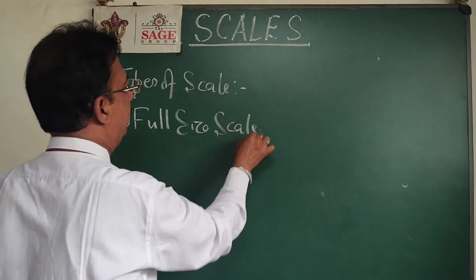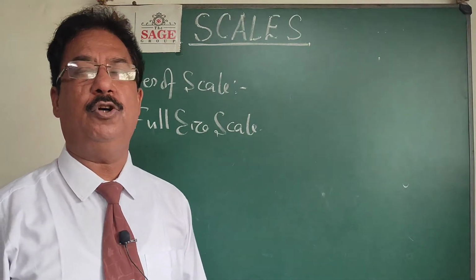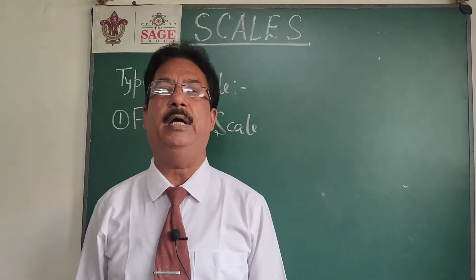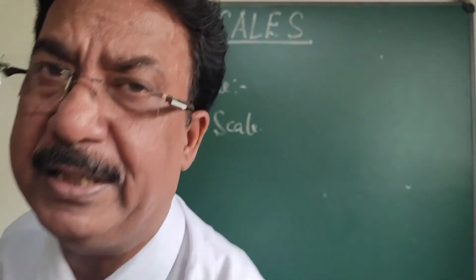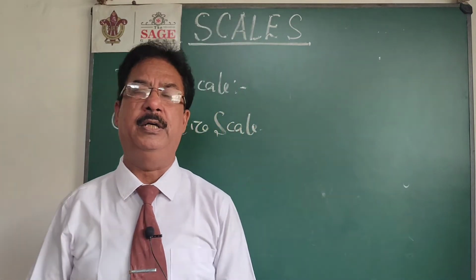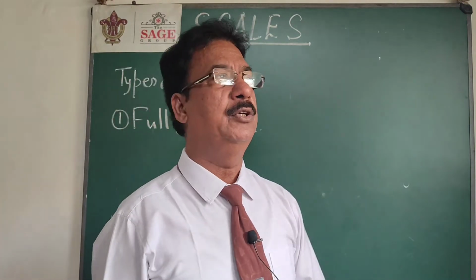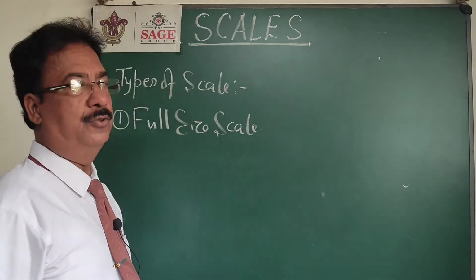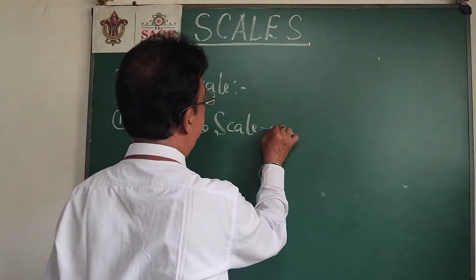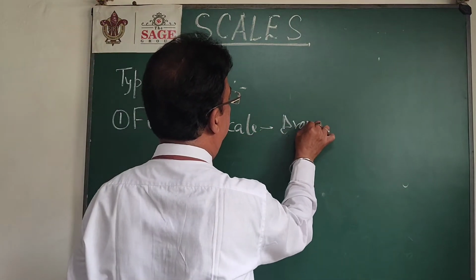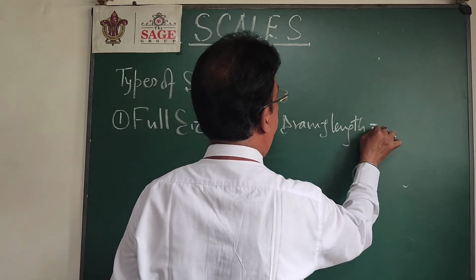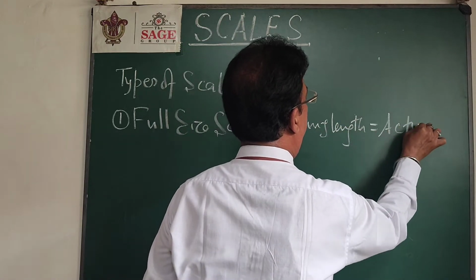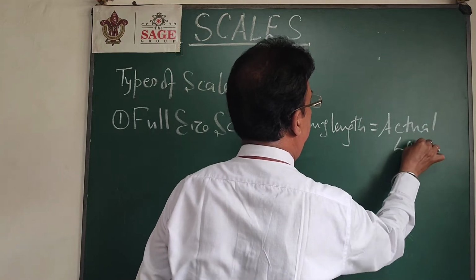The full size scale means, as normally what we do in geometry, if I want to draw a square of 5 centimeter side, I will draw a square of 5 centimeter side. It is possible to draw a square of 5 centimeter size. So that is known as full size scale. The meaning of full size scale is drawing length equals actual length.